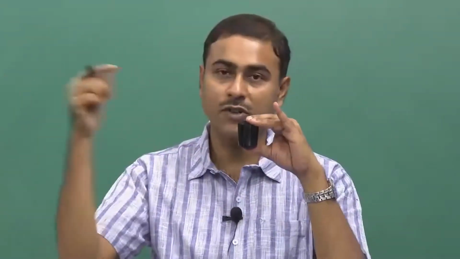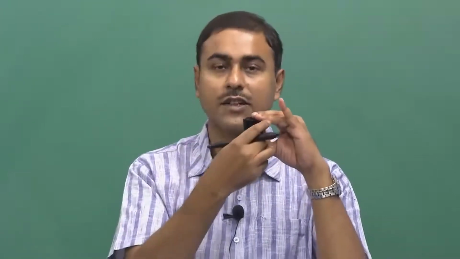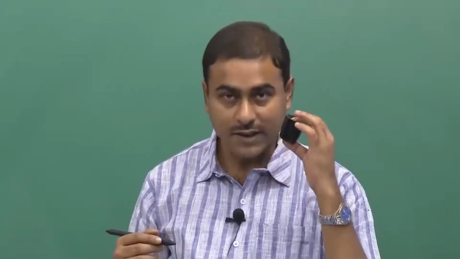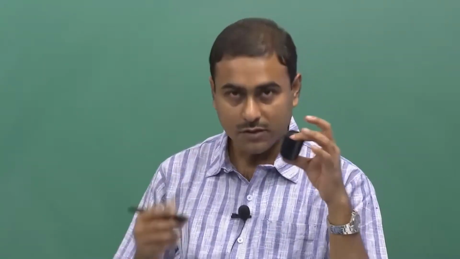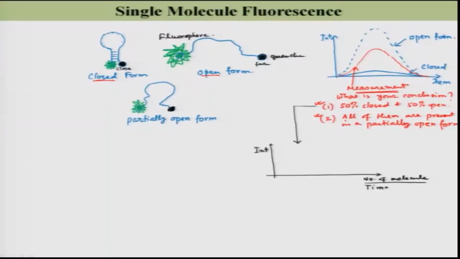Then the second one will come, enter here, and you will see the fluorescence, and when it leaves, you will not see any. So, for such an arrangement, I can replace this number of molecules with time, for the continuous monitoring process.